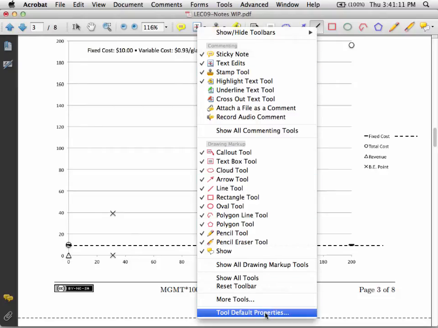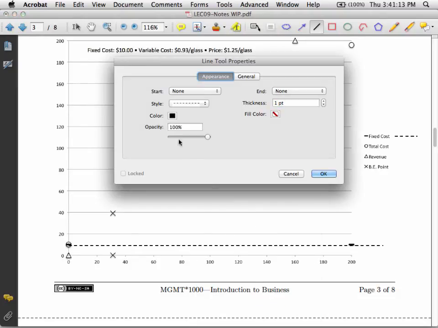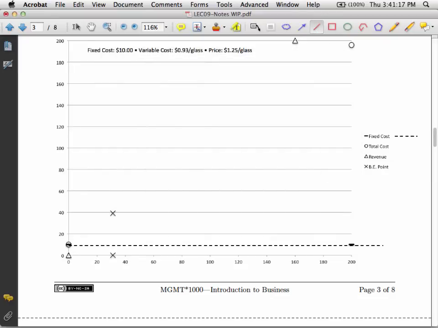You can follow along. We will do our total cost line. We'll do that guy in red. Total cost, again, starting at 0 and go up to 196.